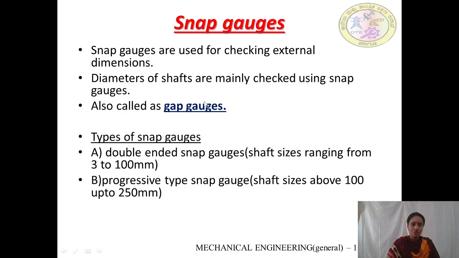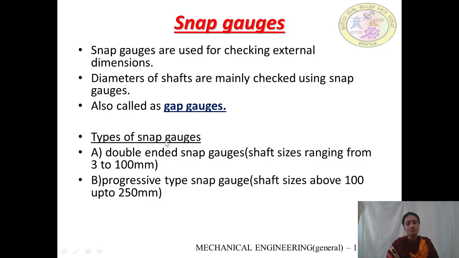Snap gauges are also called gap gauges. Plug gauges are used to check the holes, but snap gauges are used to check the shafts. And keep it in mind, the snap gauges are also known as gap gauges. This is the other name for snap gauge.